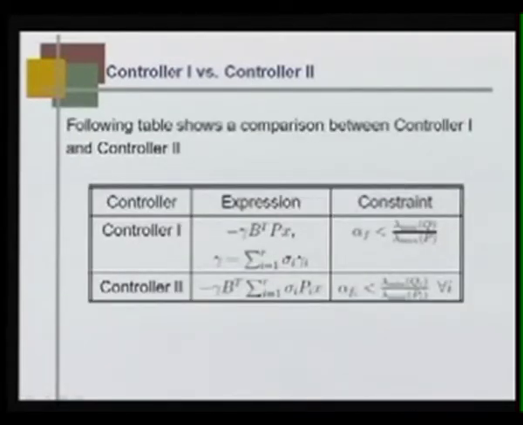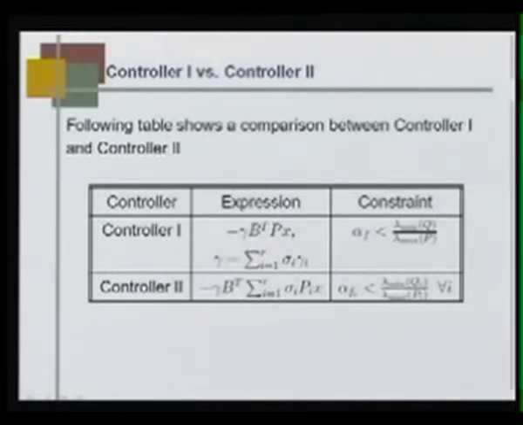So, this is our controller 1, where the structure is minus gamma B transpose P x, where gamma is given by this, and this gamma makes the controller time varying; the gain is time varying. X is my state. So, minus gamma B transpose P is a time variable quantity, not a constant, because gamma is varying.